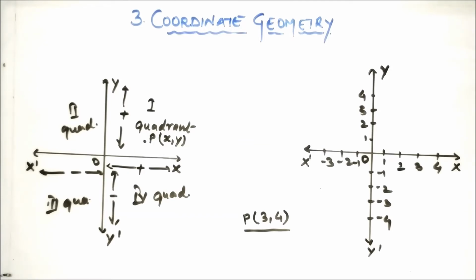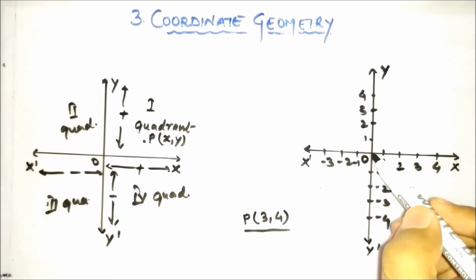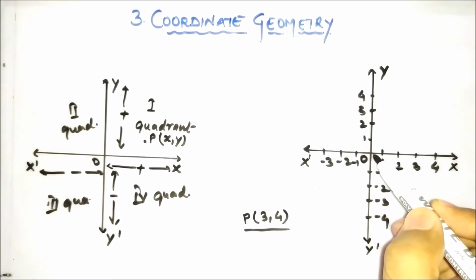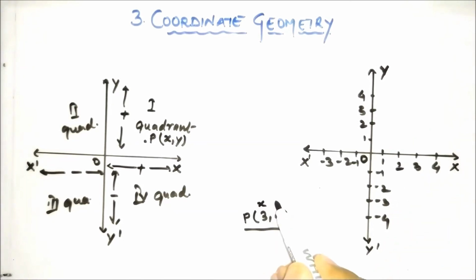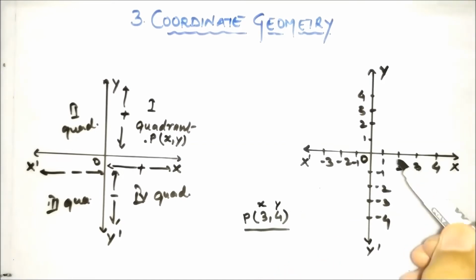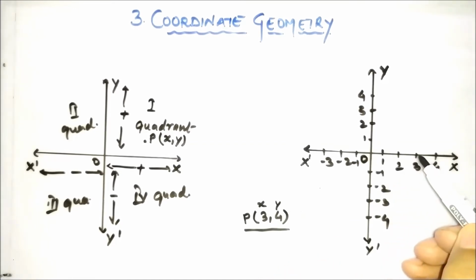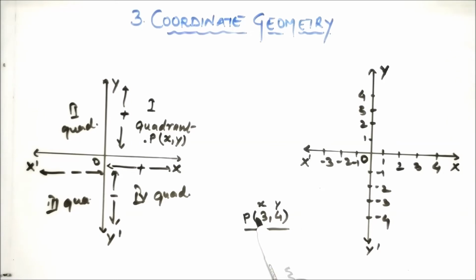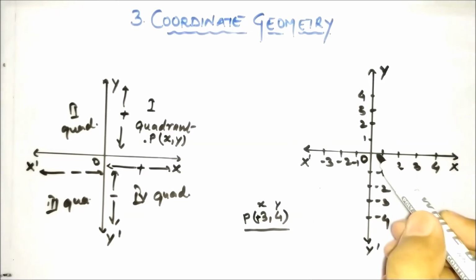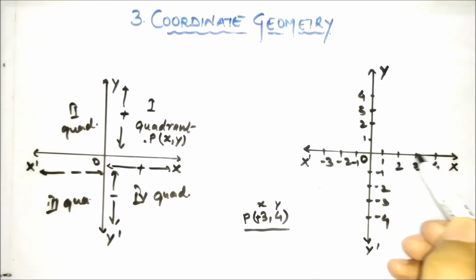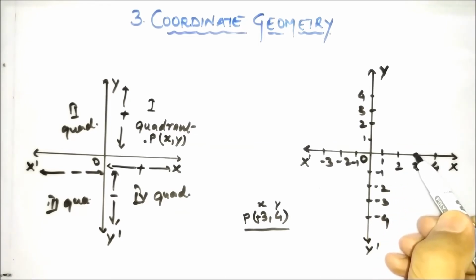I start from the origin. x is 3 and y is 4, so I move 3 units on the x-axis. We have plus 3, so I move in the positive direction: 0, then 1, 2, 3. So I reach this point.